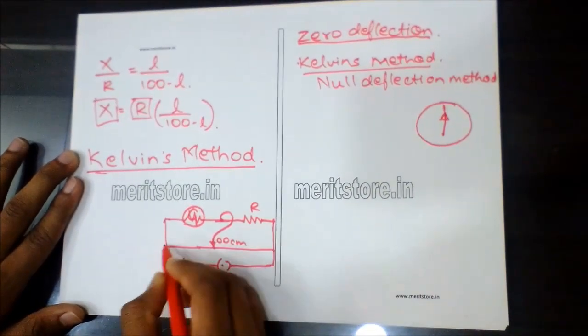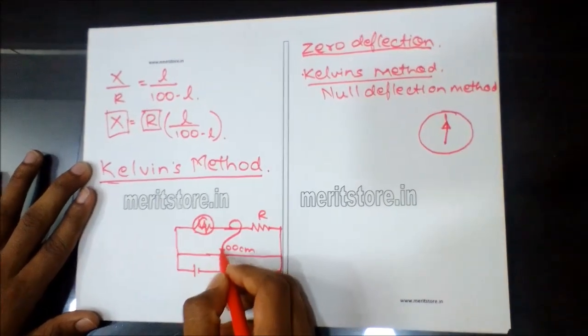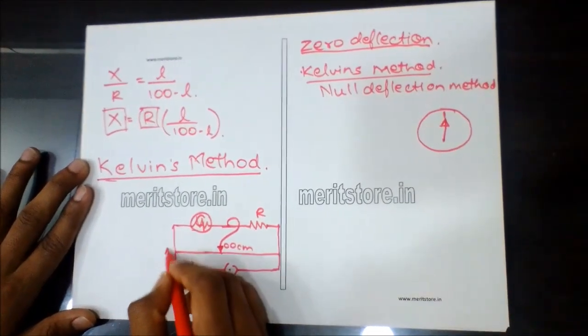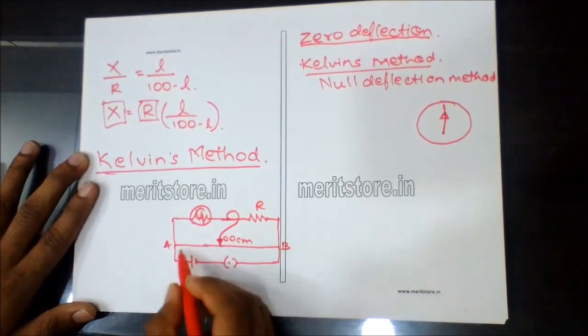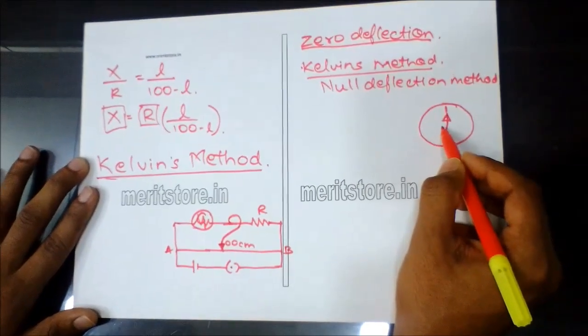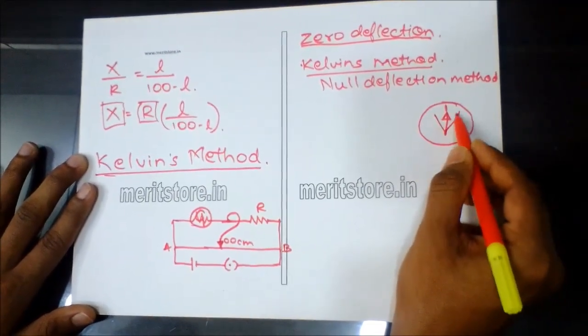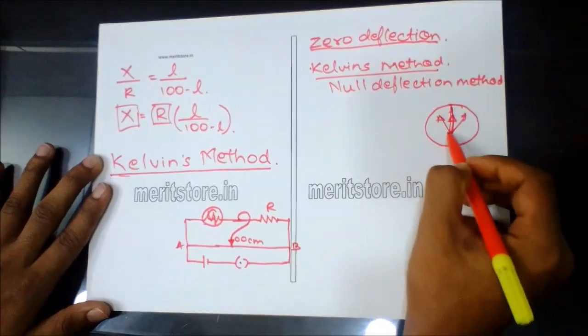To measure the resistance, we touch the jockey at points A and B, the extreme ends of the meter bridge. We should take note that the readings are in opposite directions, and the center point is taken as the reference.